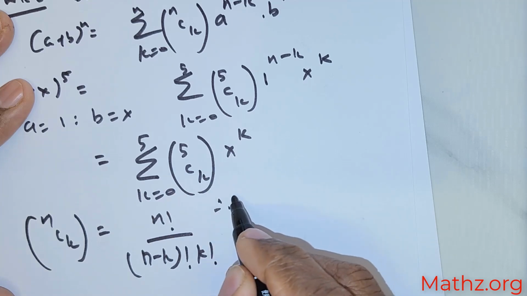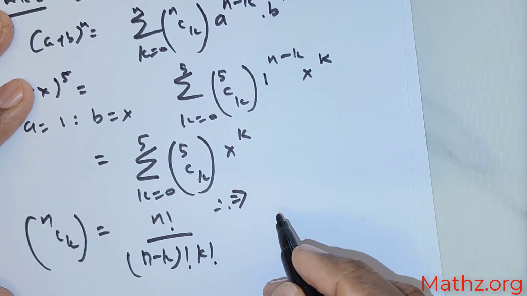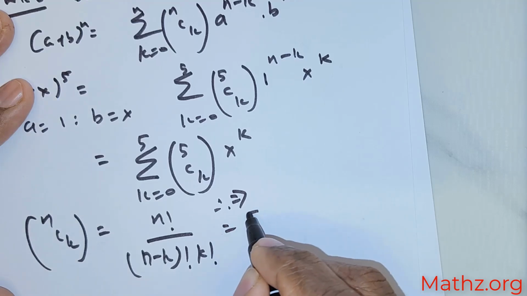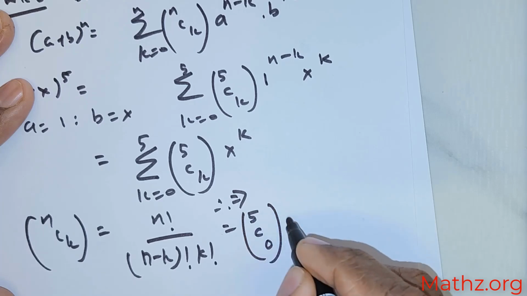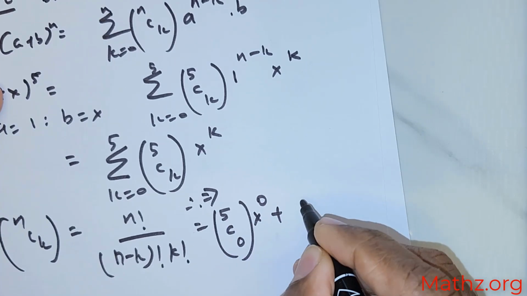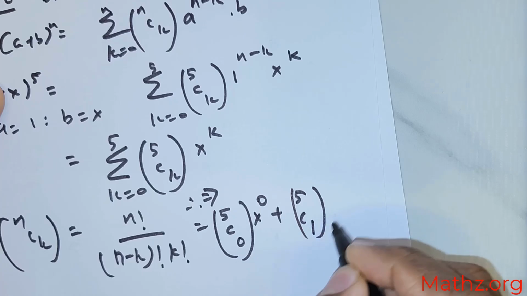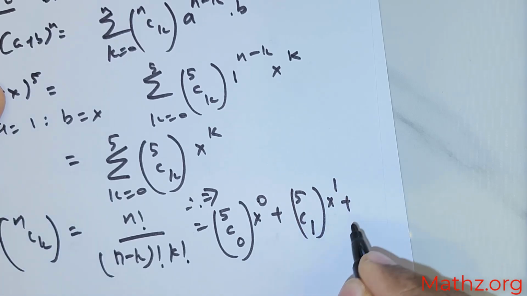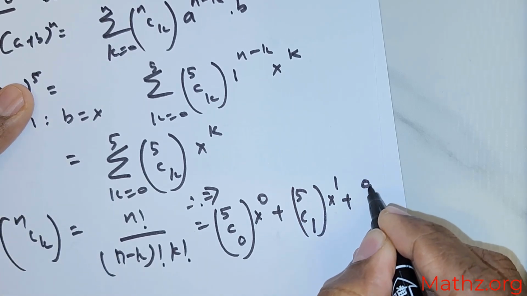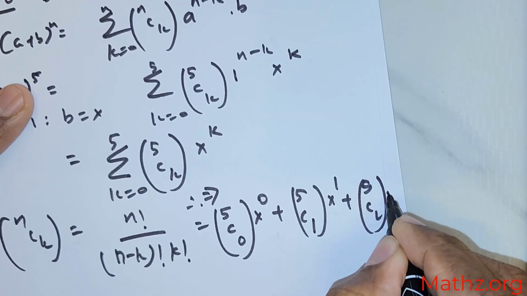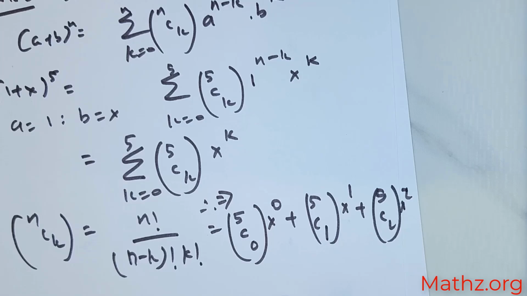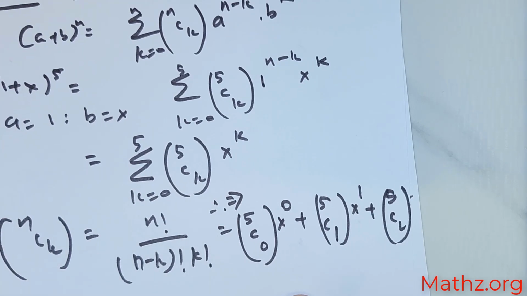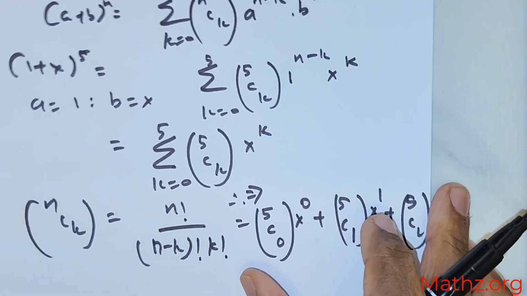So therefore this can be rewritten as, so we start with k is equal to 0, 5C0 times x raised to the power of 0 plus 5C1 x raised to the power of 1 plus 5C2 x raised to the power of 2. So the first three terms are obtained here. Now this is going to give me 1. Now 5C0.